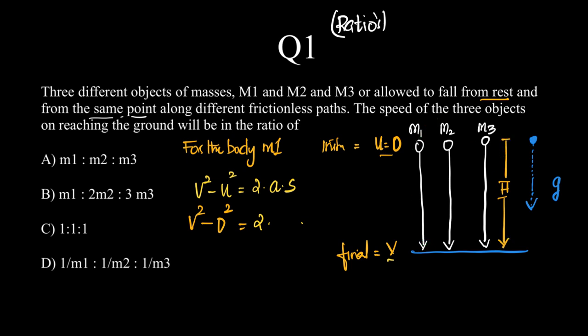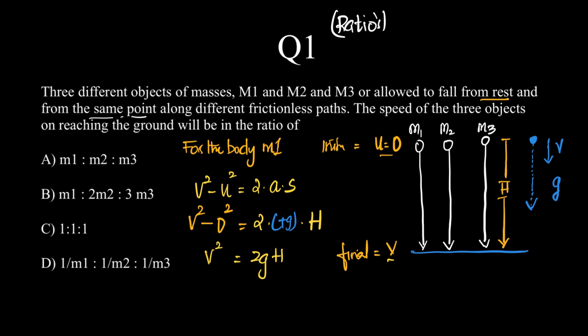In which case, this becomes 2a into h. Now, what is a? There are many ways of interpreting the concept here, but what I generally follow is, since the body is dropped, the velocity will keep on increasing, which means acceleration due to gravity acts as acceleration and not deceleration here. So I'll take this as positive g. We have v square is equal to 2gh.